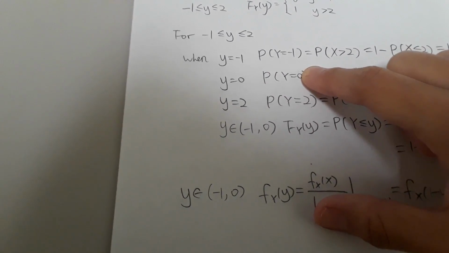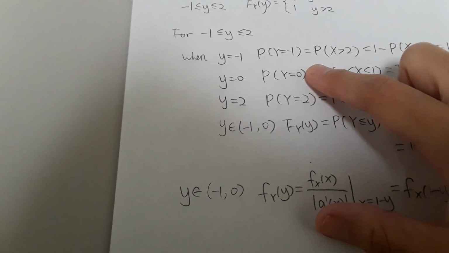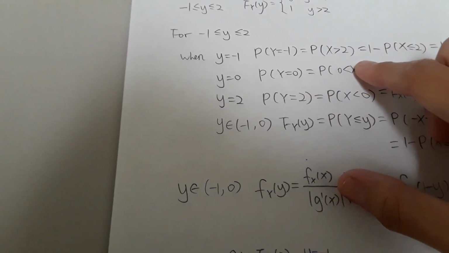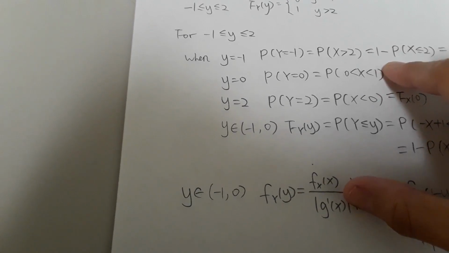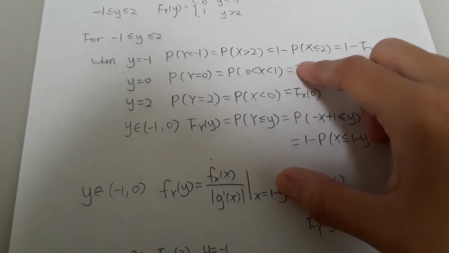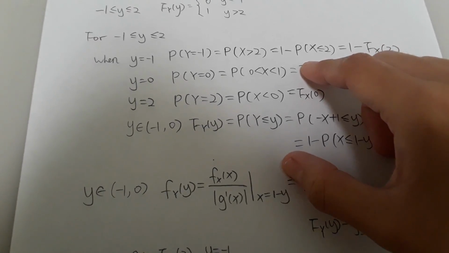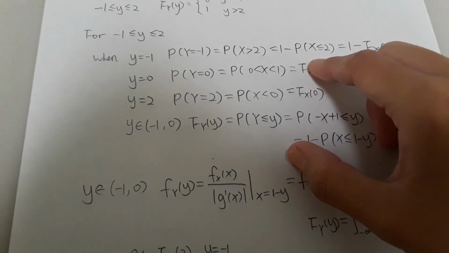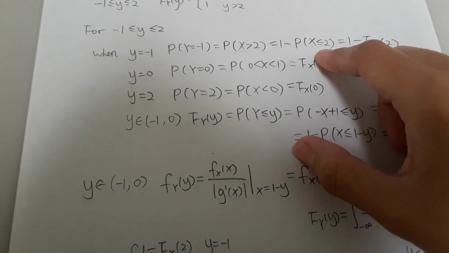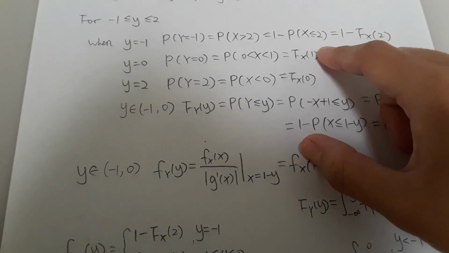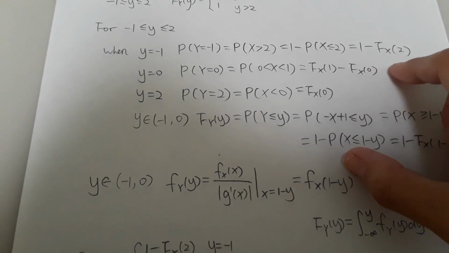probability that y equals minus 1 equals the probability that x is more than 2, and it equals 1 minus the probability that x is less than 2, which equals 1 minus F_X(2).